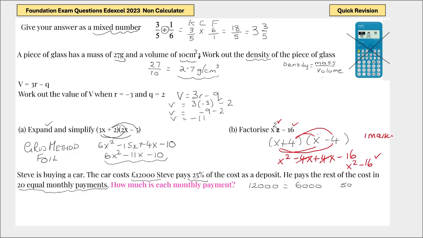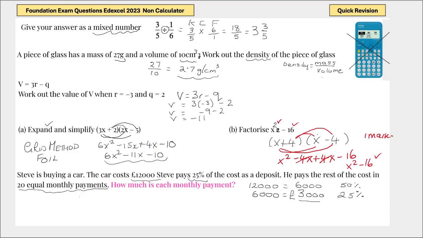So I found 50%, but it's asking for 25% as a deposit. So now I'm going to halve 6,000. It's going to be 3,000. That's 25%. So now I've found 25%, which is £3,000. So Steve pays £3,000 as a deposit.